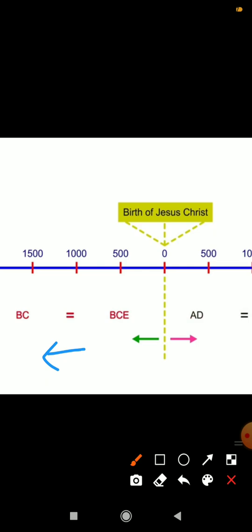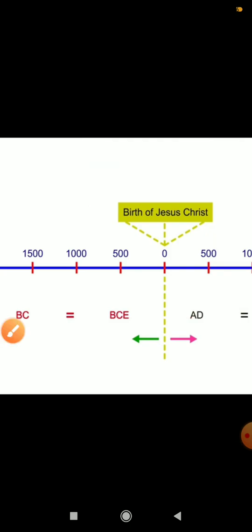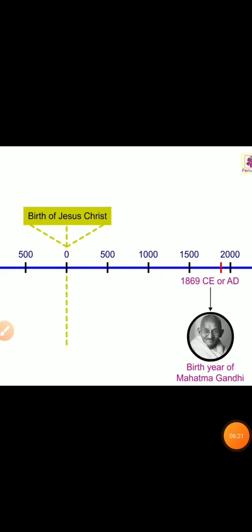For example, the year 500 BC will be a comparatively later event as compared to 1000 BC. Let us take an example.